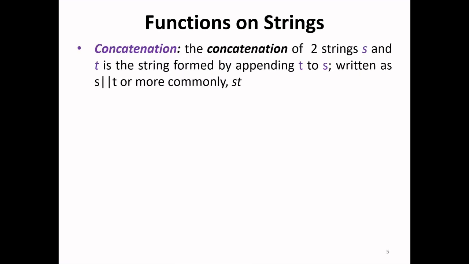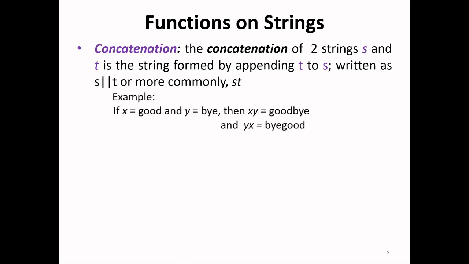After seeing length and occurrence, let us see one more function on strings, that is concatenation. So, what is concatenation? Concatenation of two strings S and T is the string formed by appending T to S, represented as S appending T, or just normally we can write ST. Let us take one example.